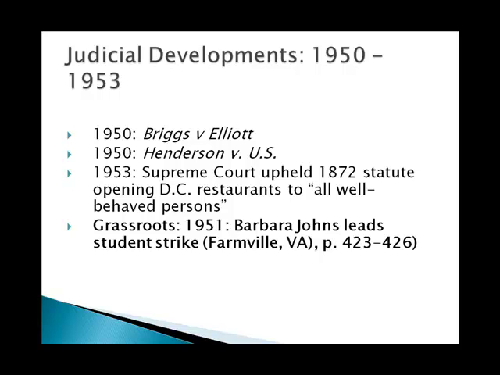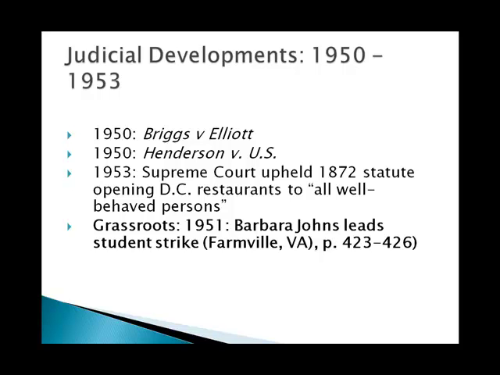One of the key figures in the protest leading up to this decision was Mary Church Terrell, who was a very old woman by this time, but who was still actively protesting and picketing against restaurants in Washington which refused to serve African Americans. And again, the court's decision in 1953 says that these restaurants have to serve all well-behaved persons.